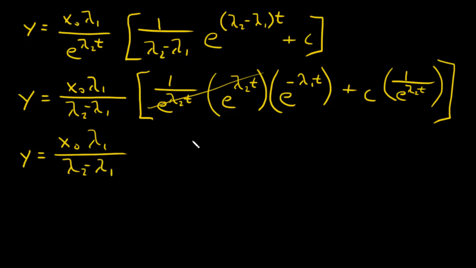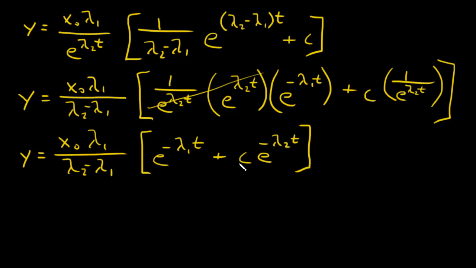And then what's going to be left over here? Well, not much. It's just going to be bracket e to the negative lambda 1t plus c times e to the negative lambda 2t. And that's actually kind of nice.